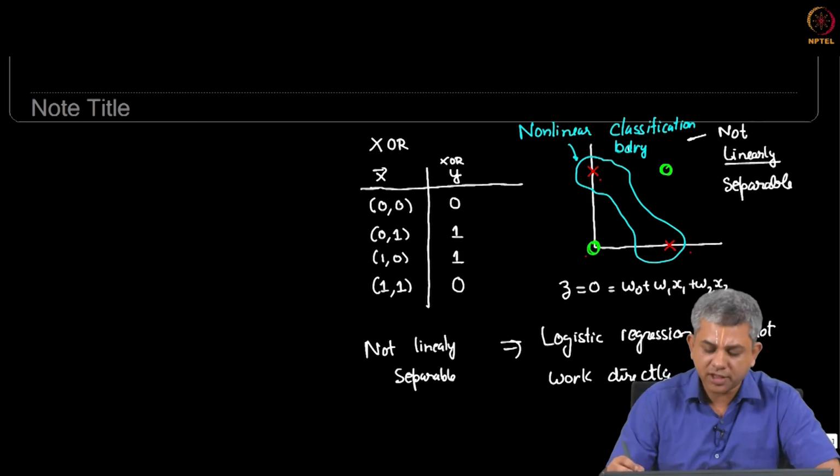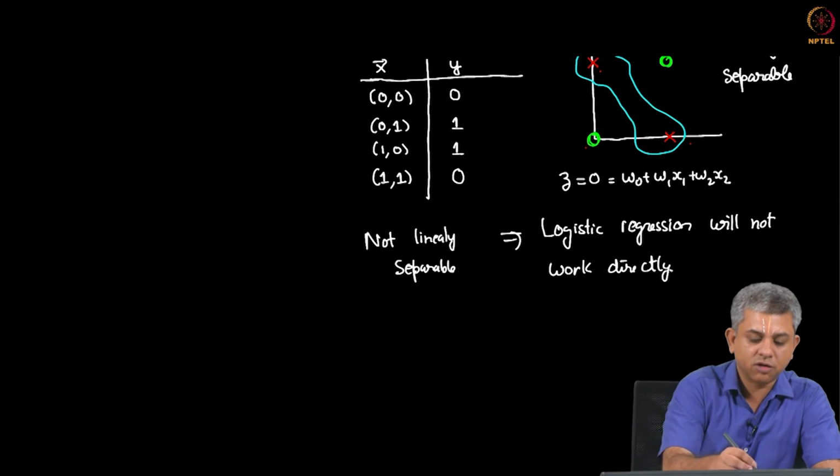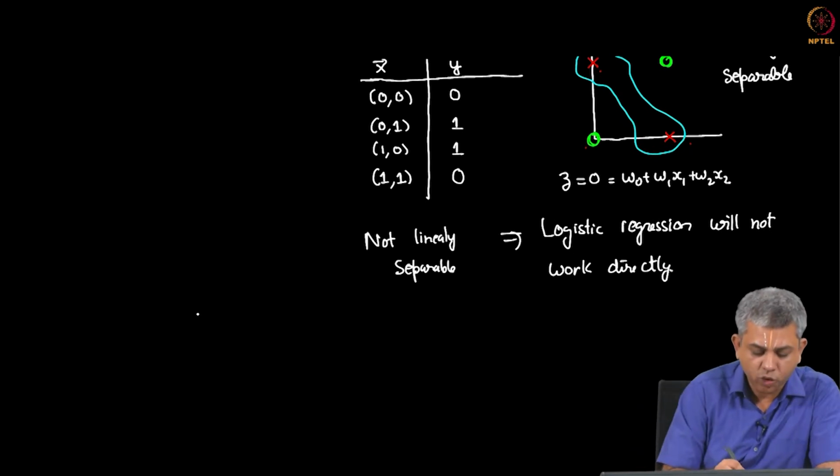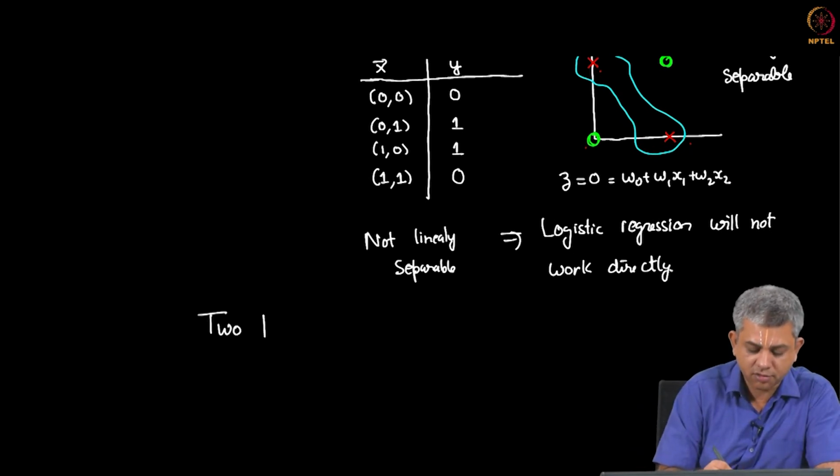However, we will see that one simple trick actually makes it work. Let me now talk about how this problem can be solved. So, there are two possible solutions to the XOR problem.